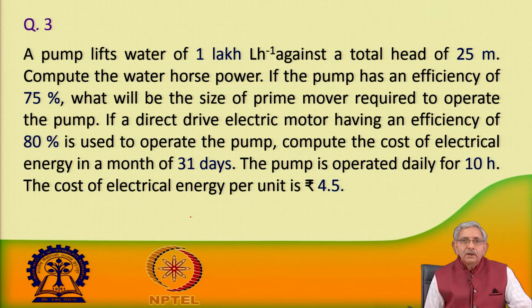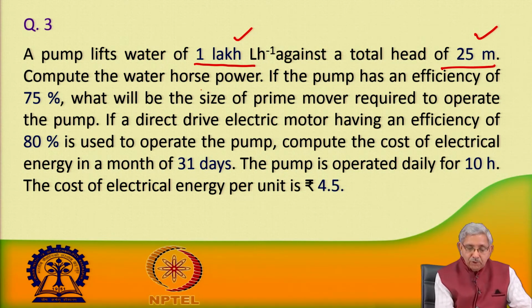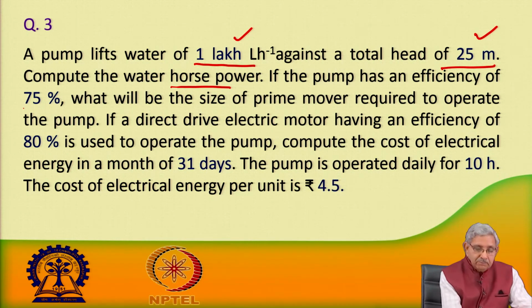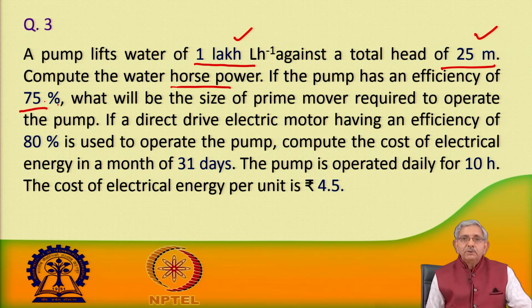A third question: a pump lifts water of 1 lakh liters per hour. This is the discharge of the pump against a total head of 25 meters. This is the head requirement given. Now, we are required to compute the water horsepower if the pump efficiency is 75%.